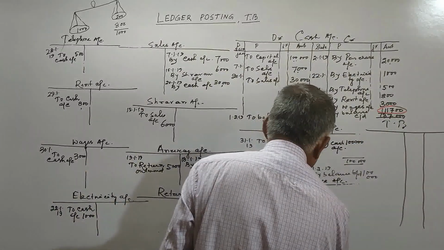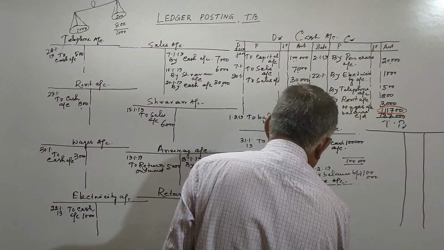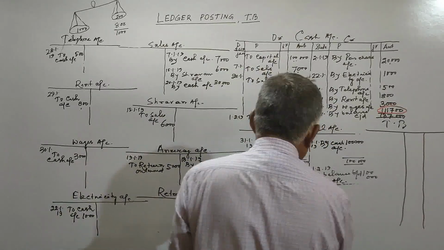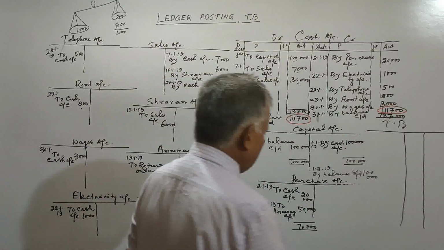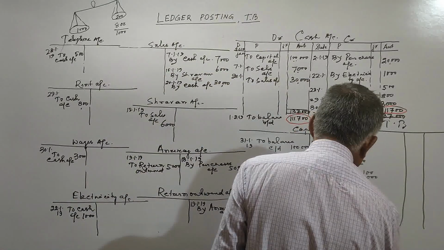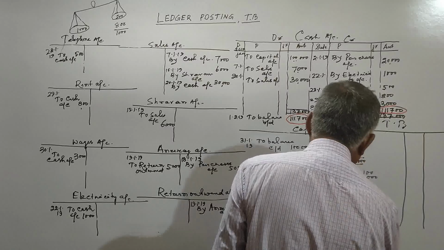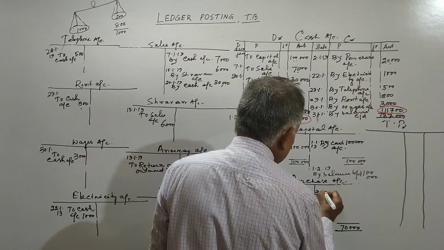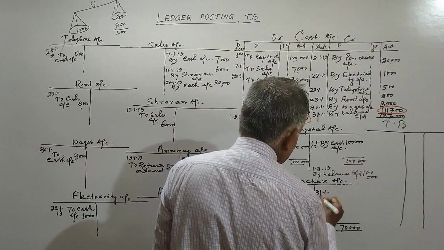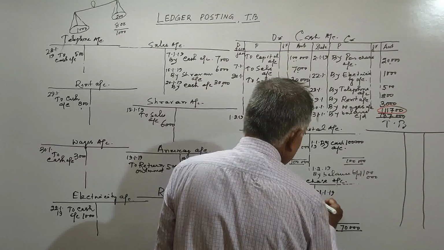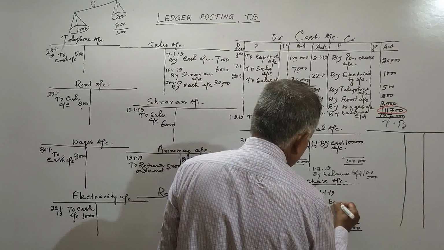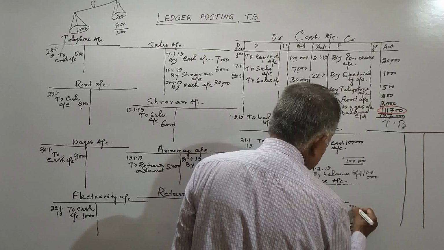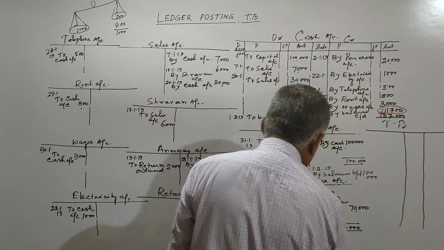Purchase account 70,000. So here it is 70,000, the credit will also be 70,000, but in credit side nothing is there. You just take, this is by balance carried down, continue to the next period, 70,000.